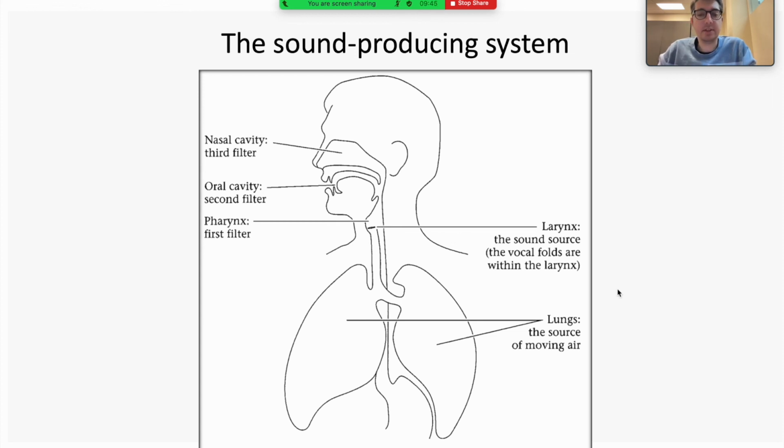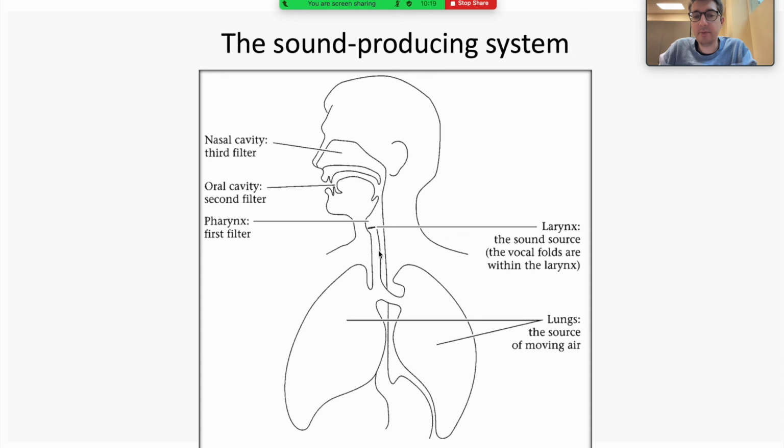Lungs enable us to inhale and exhale, to exhale air and produce sounds, because sound is, after all, just air pressure fluctuations or changes. So everything starts from air and lungs.